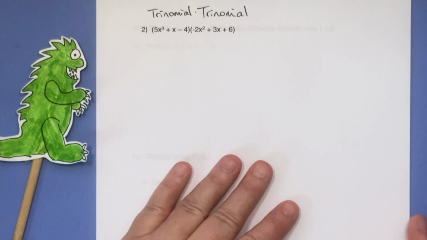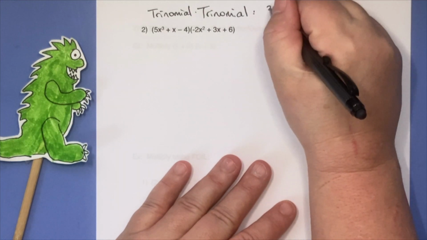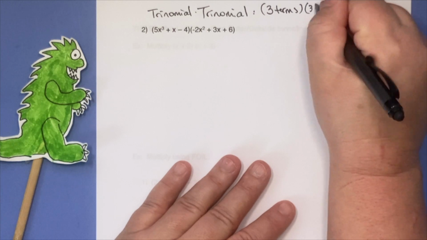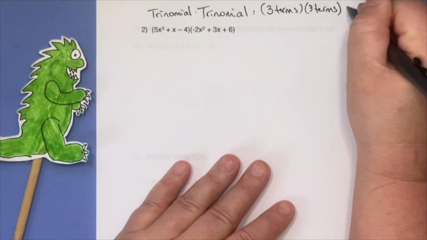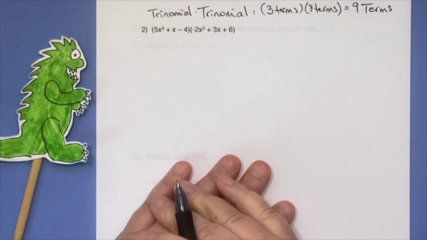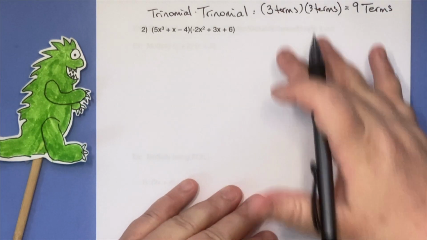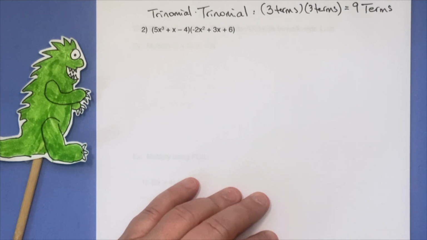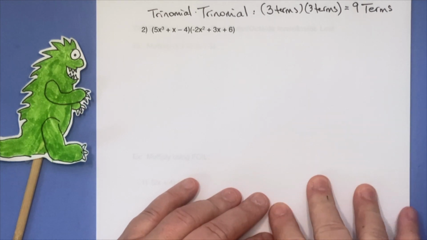And like we did before, 3 terms times 3 terms is going to give us 9 terms, which is a lot of terms to keep track of. So you want to give yourself lots of space. This is not a time to save paper. This is a great time to use a smart device so you're not using any paper, or use recycled paper if you can.